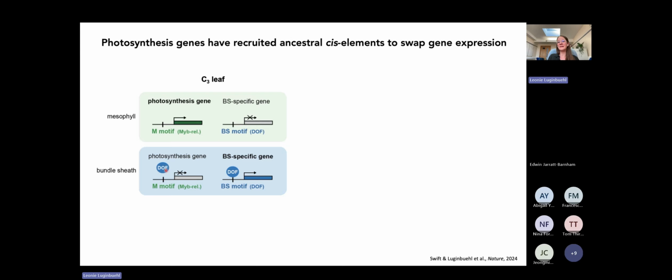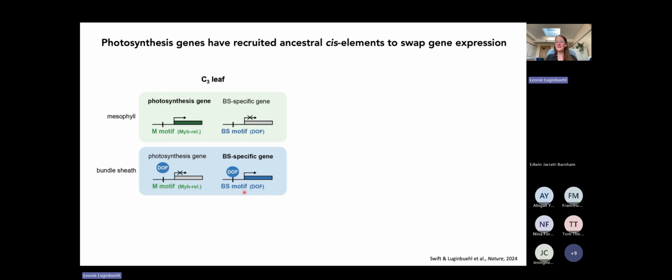And instead, these DOF transcription factors activate bundle sheath specific genes in a C3 plant, which are other genes like these genes that we saw are responsible for the transport of solutes and water in C3 rice, for example.